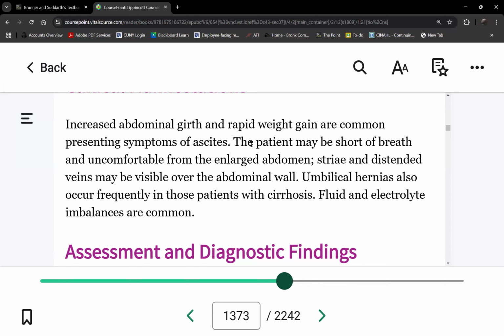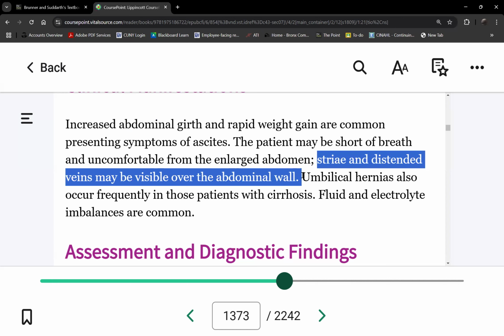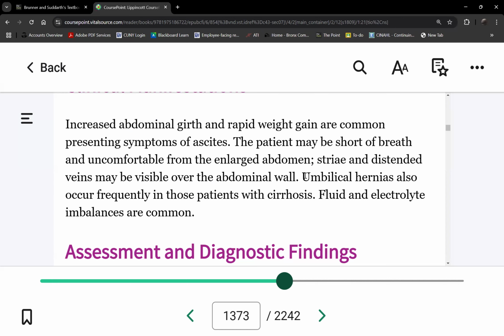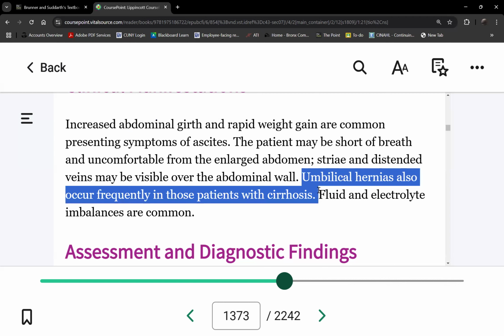As already mentioned in the picture earlier, there will be striae, stretch marks, and distended veins all over the abdominal wall. Hernias can also form, especially if the patient does not comply with the activity restrictions. One of the interventions for ascites is bed rest.